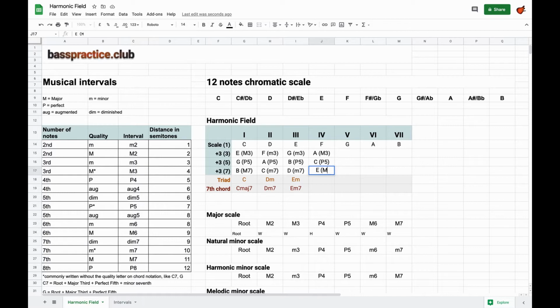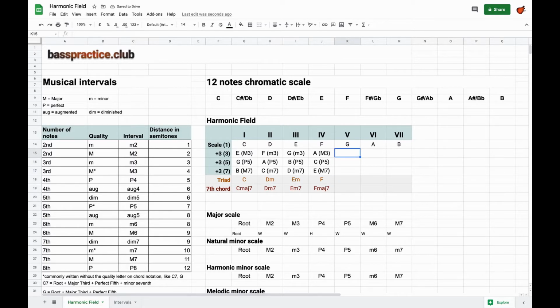So major 7. It's the same thing as the C here, if we only look at the intervals. So it will be an F major triad and an F major 7th chord.